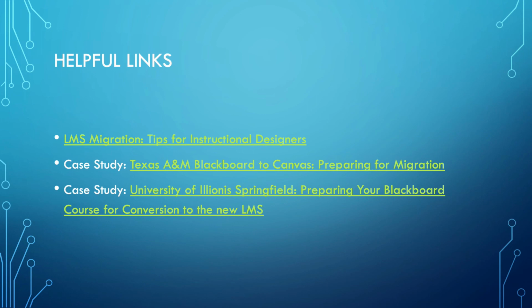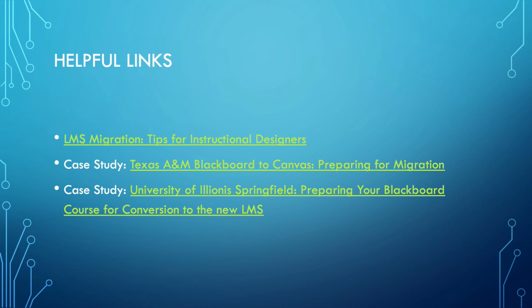For the last part of our presentation, we have some helpful links for you. The first link, the LMS Migration Tips for Instructional Designers, is a link to a Diigo outliner that contains the resources we used for compiling this presentation. The next two case study links are links to the websites created by Texas A&M and the University of Illinois Springfield to help faculty with the migration from Blackboard to Canvas.